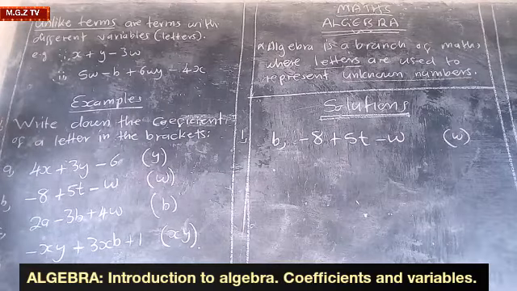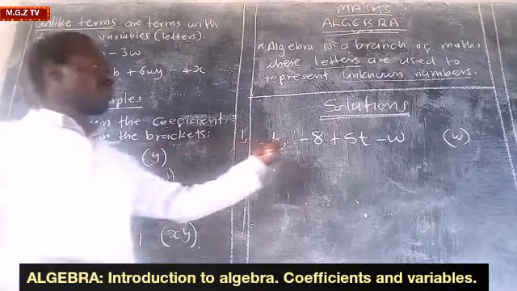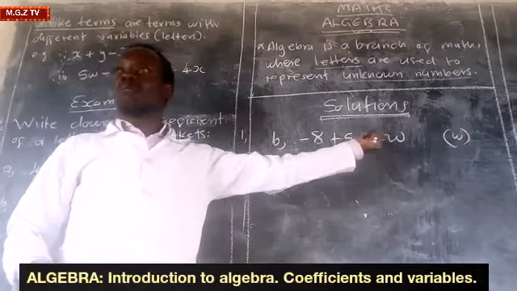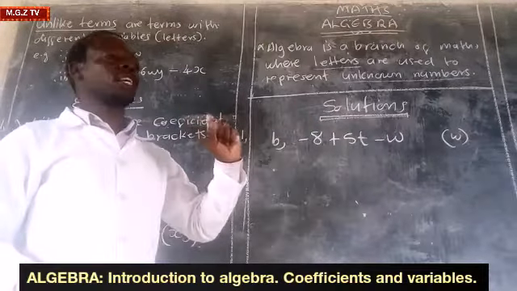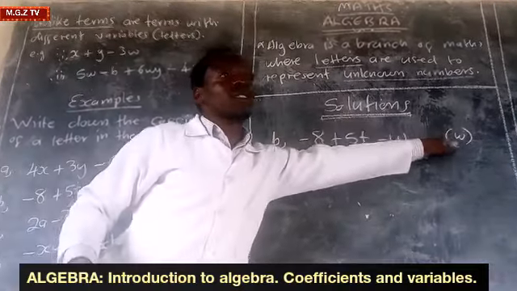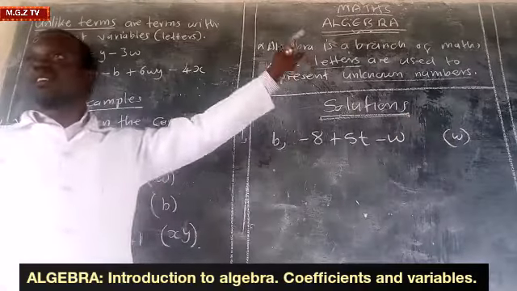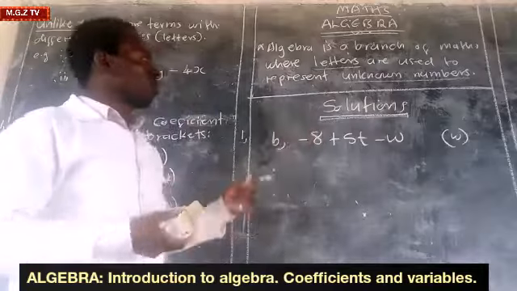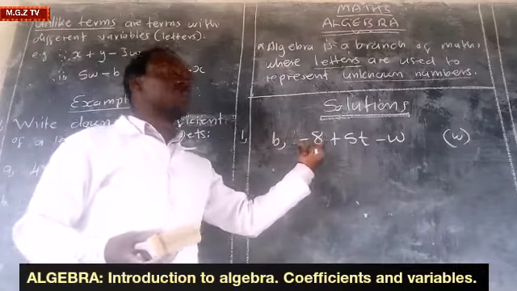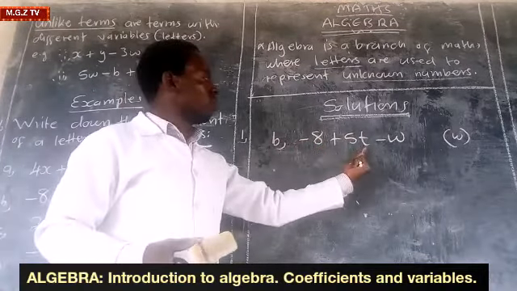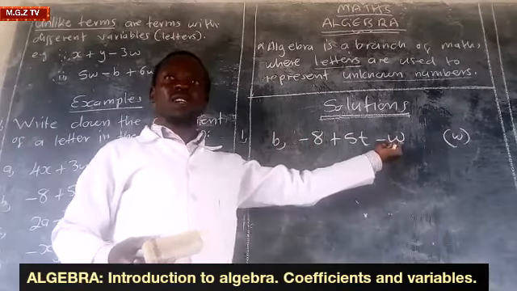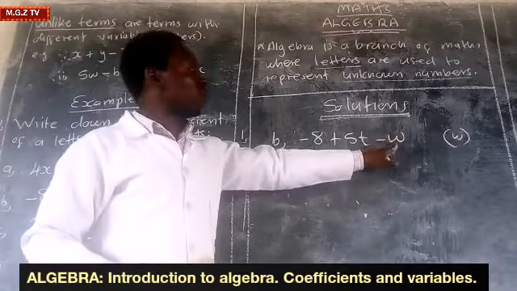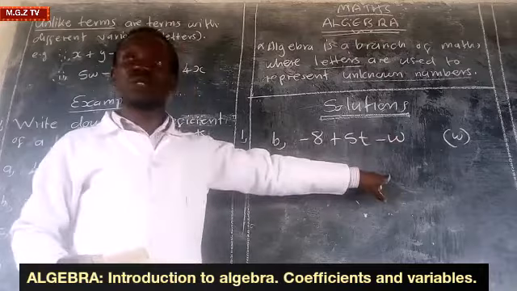Number 2. Negative 8 plus 5g minus w. Write down the coefficient of w. Look here. There is no w here, right? Here we have a t. w is here. Now w has no number in front. What do we do?